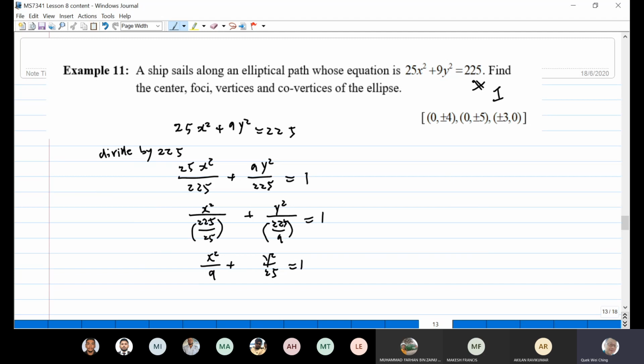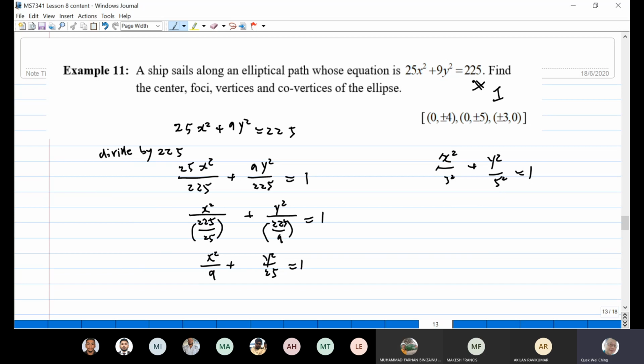So this is the equation of a standard ellipse. Which one is longer now? The longer one is on the y, right? So this is actually x squared over 3 squared plus y squared over 5 squared equal to 1.